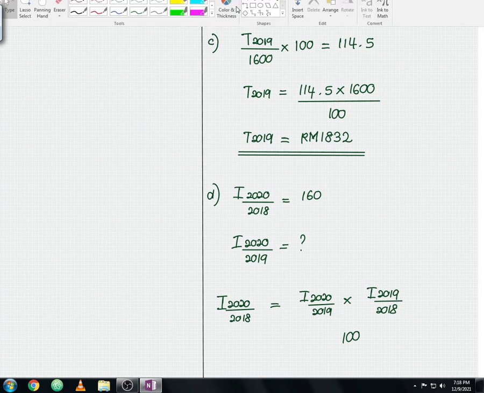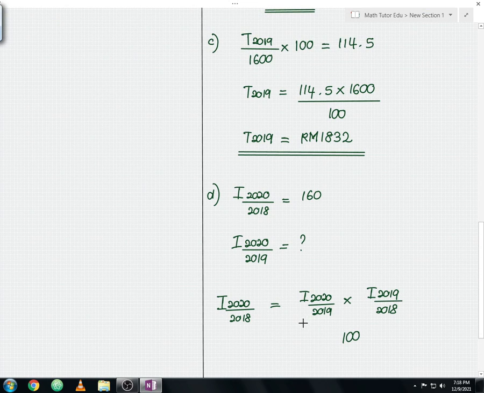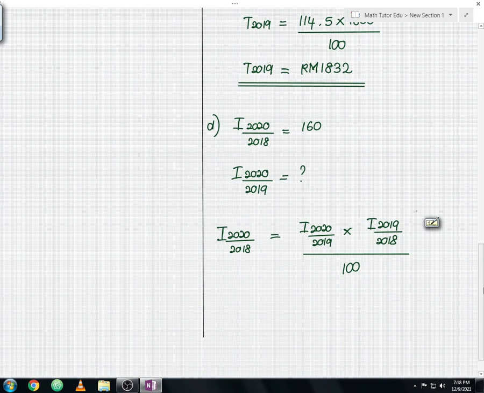So this is the general formula that we use whenever it involves 3 years of different prices. In this case we are involving 3 price indices. Usually we discuss a question where we need to find this, but in this question it's slightly different. This value is already given and we are required to find this one.